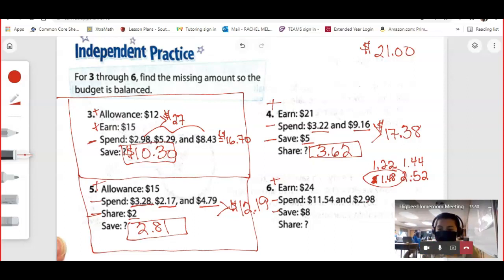Okay. Now, here's my thing. I absolutely am totally okay with you doing the math. You don't have to use a calculator. However, you might want to double check today.